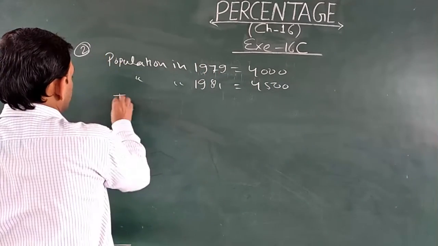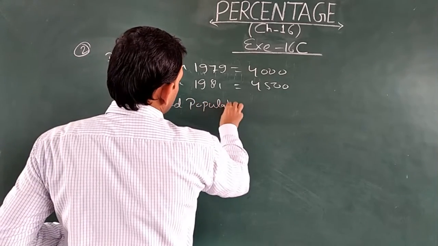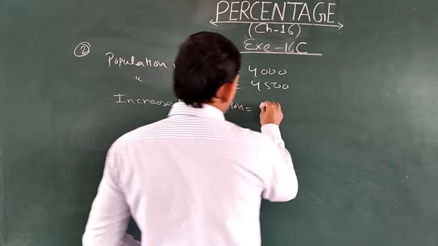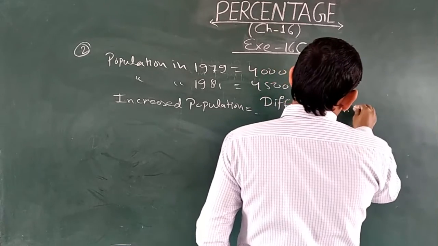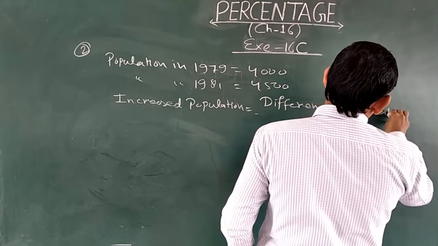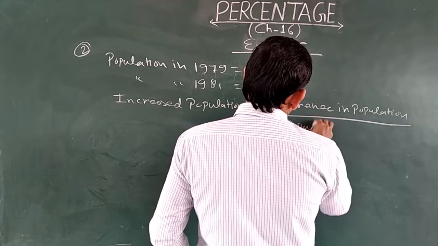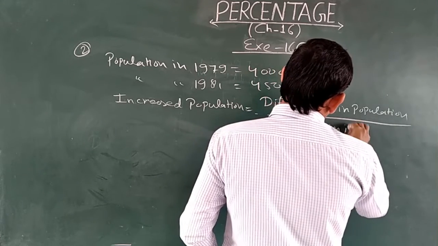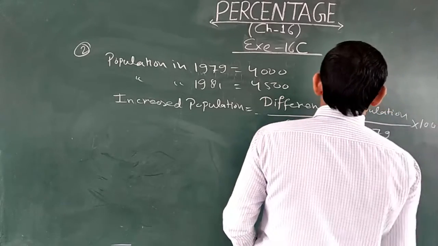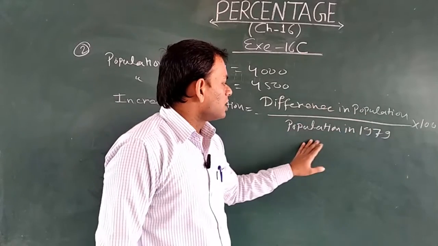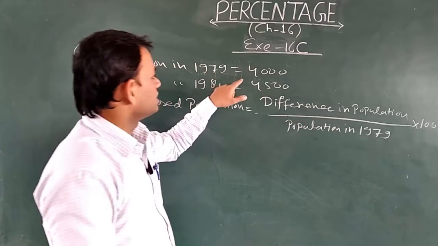We have to find the increased population is equal to difference in population upon population in 1979 multiply by 100. Okay, difference in population upon population in 1979. The population in 1979 is the original population.